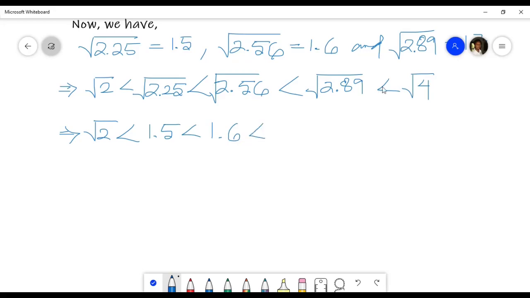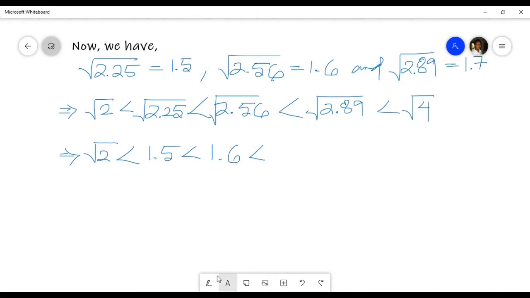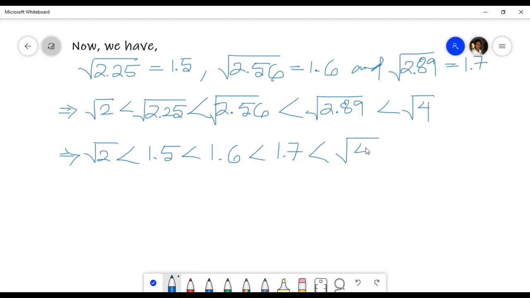And root 2.89 is the perfect square of 1.7, which is smaller than root 4. We have to simplify it further, simplify the decimal numbers to write them as fractions. So root 2 is less than 1.5. When we write it as a fraction, the decimal is removed and becomes the denominator. The decimal is in the tenth place, so it will be 15 by 10, and 1.6 will be written as 16 by 10.